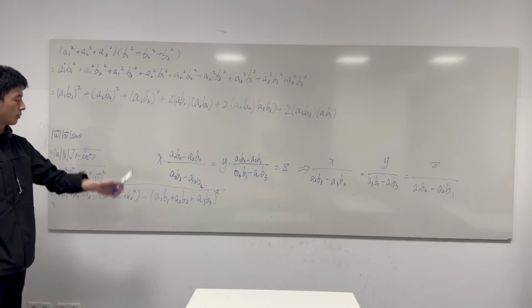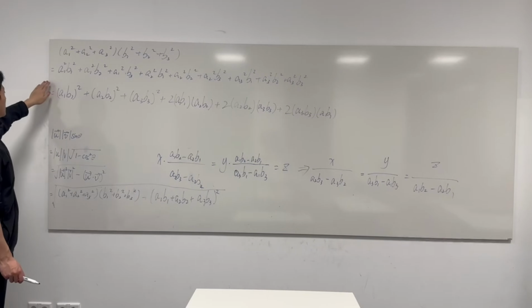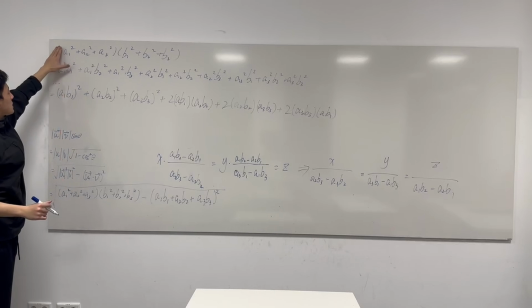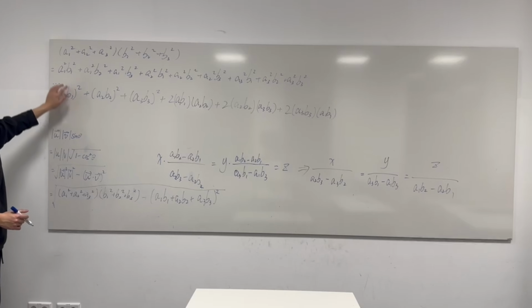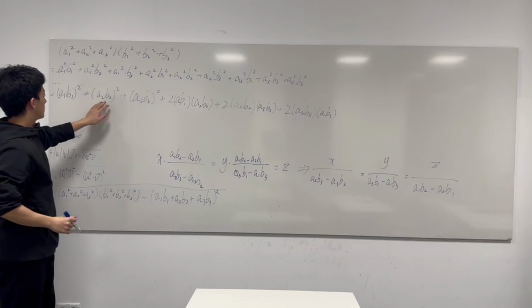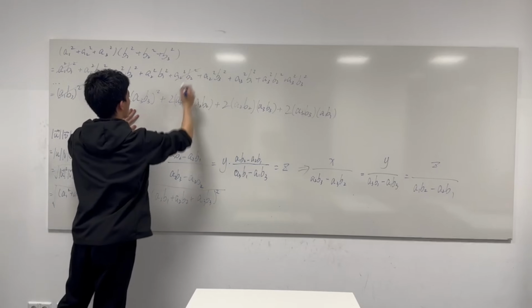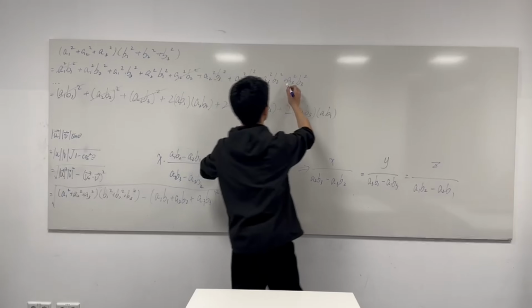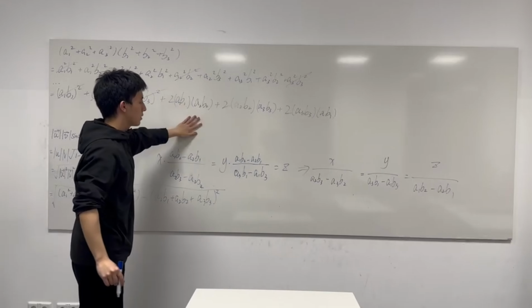After we open the square, we have to use this minus this, so we can compare them. (a1 b1) square is a1 square times b1 square, we can cancel that out, and (a2 b2) square is a2 square b2 square, (a3 b3) square is a3 square b3 square.